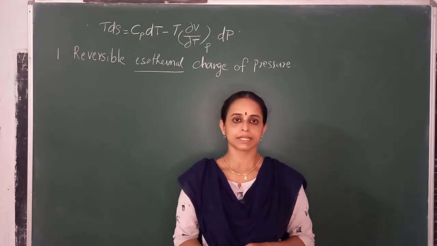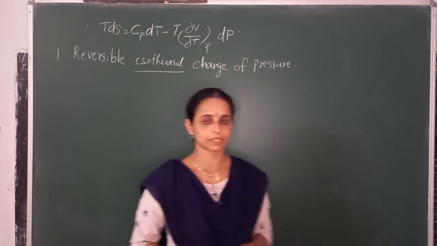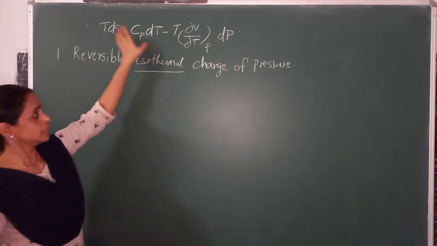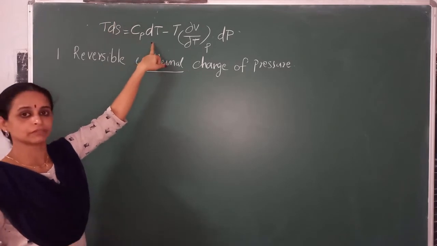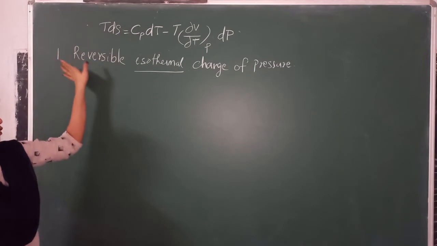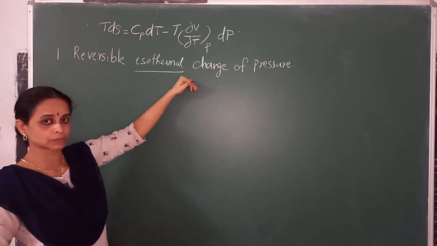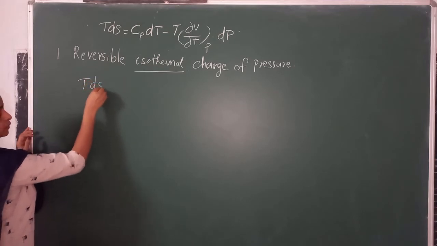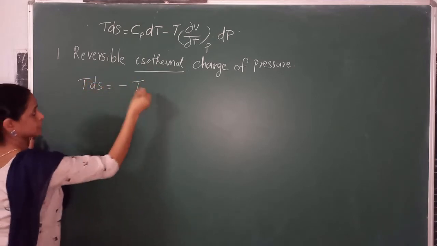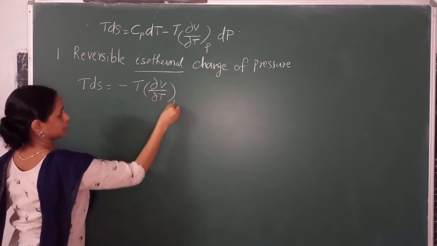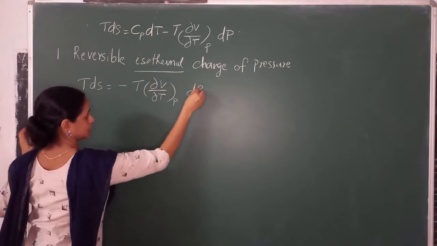Since this is a reversible isothermal process, the dT in this equation goes to 0. So we can write this equation, in the case of a reversible isothermal process, as TDS equal to minus T into (dou V by dou T) at P into dP.